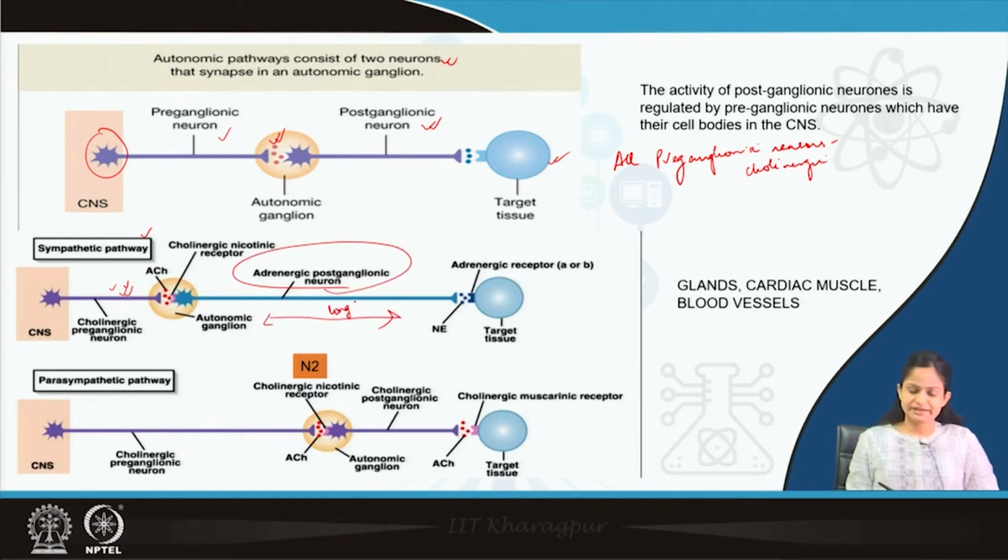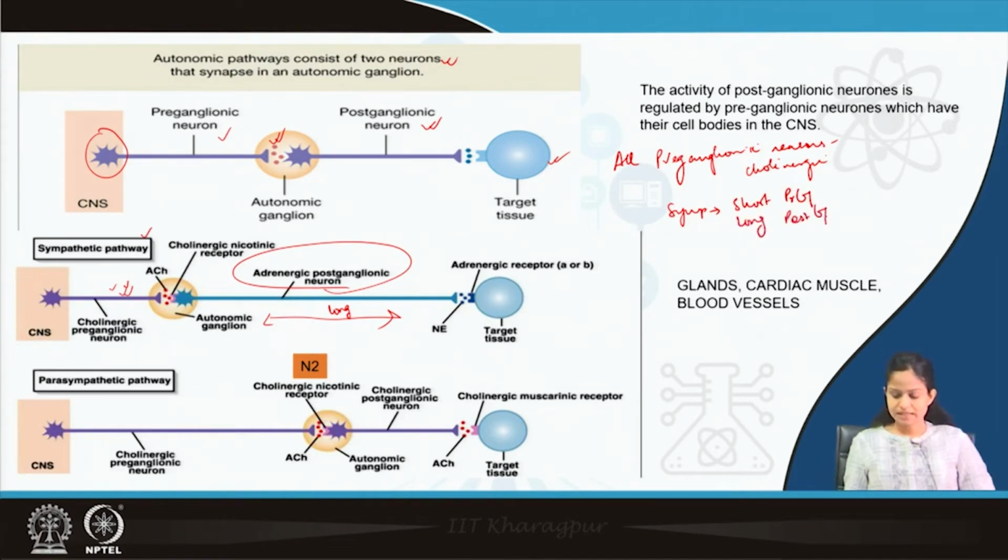So, sympathetic fibers have a short preganglionic neuron and a long postganglionic neuron. The reverse is occurring in case of parasympathetic fibers. We can see there is a long preganglionic neuron and a short postganglionic neuron.